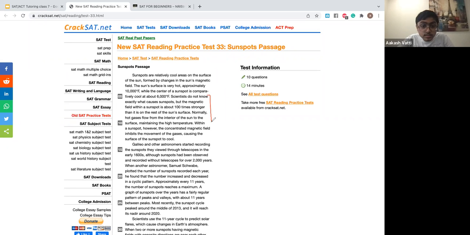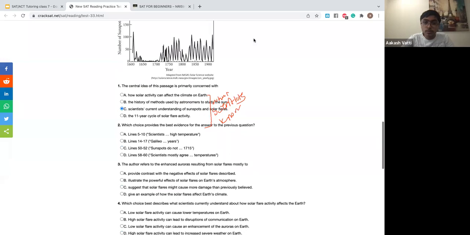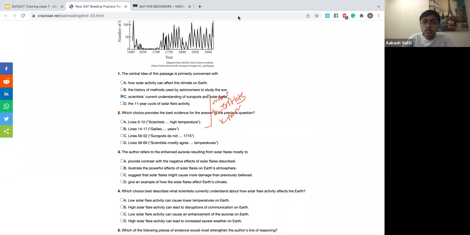So lines 5 to 10, this is what scientists know. That's a good answer considering that the answer we chose was related to what scientists know. So we can put that as a star. Possible answer.